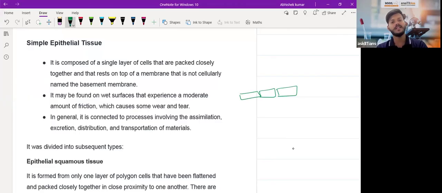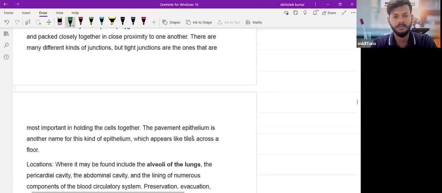It may be found on wet surfaces that experience a moderate amount of friction, which causes some wear and tear. And in general, it is connected to processes involving assimilation, excretion, distribution, and the transportation of materials.